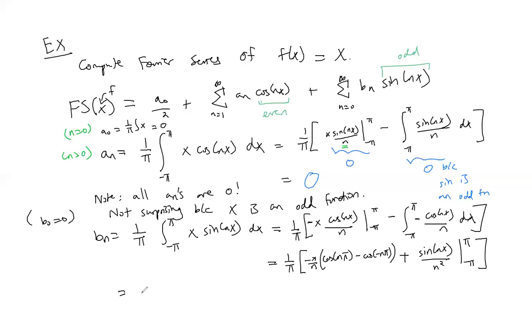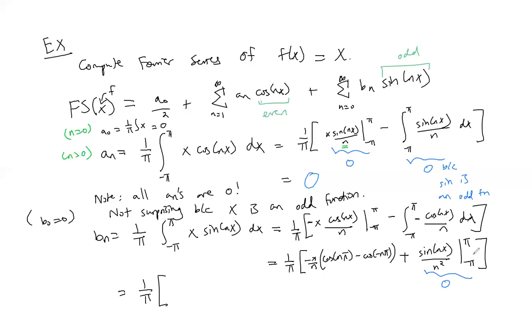All right, let's simplify this a little more. What is this? Well, this is actually 0, right? Because again, for the same reason, sine of nx, if you plug in pi, you're going to get 0 no matter what.